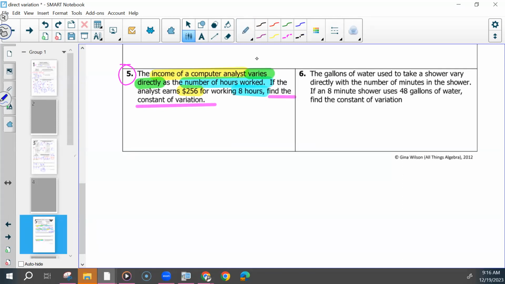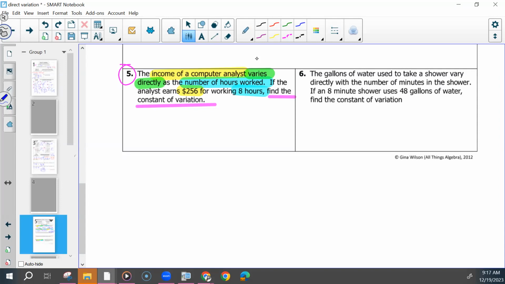So they're asking us to find the constant of variation. How do we do that? What is the constant of variation? What are we looking for?